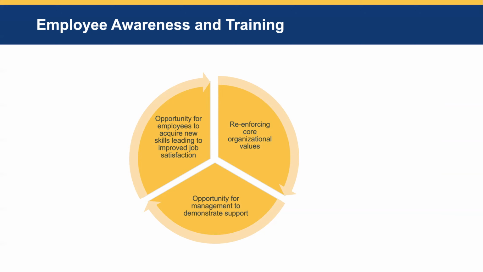And so awareness can involve teaching those employees about the policies and those core security concepts. And so we want to ensure that we have opportunities for employees to acquire those new skills and that we continue to reinforce core organizational values and that we provide an opportunity for management to demonstrate and support as well.